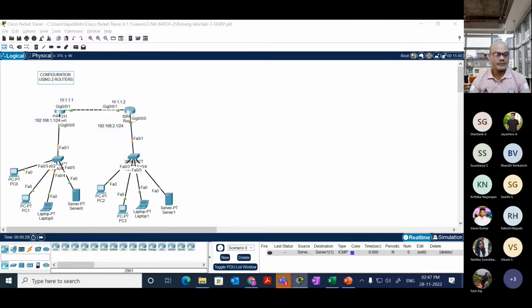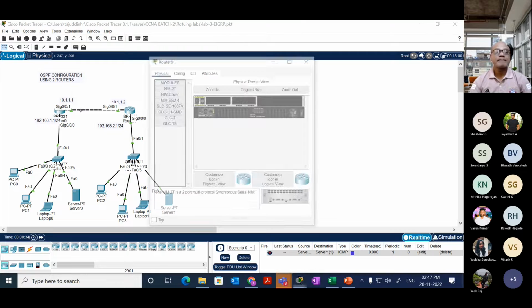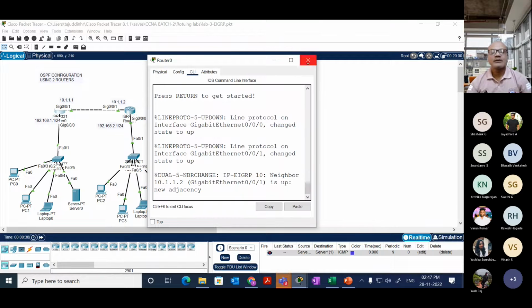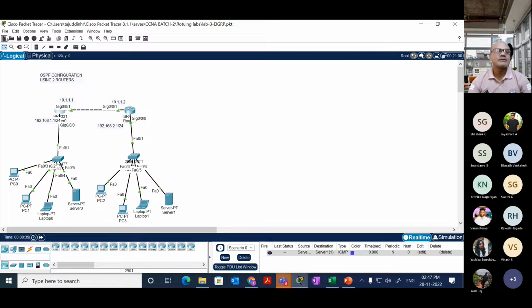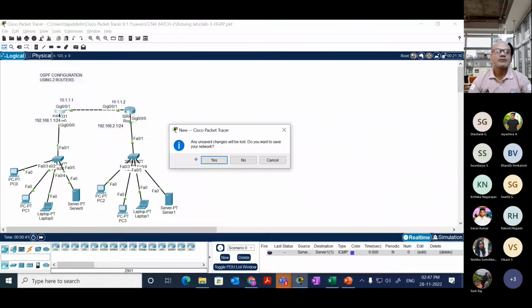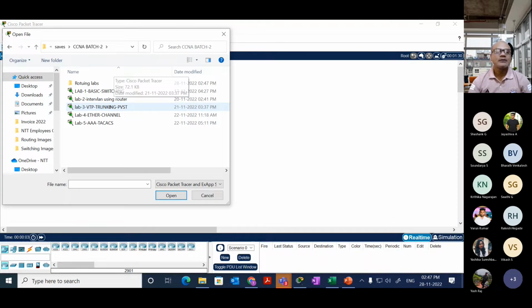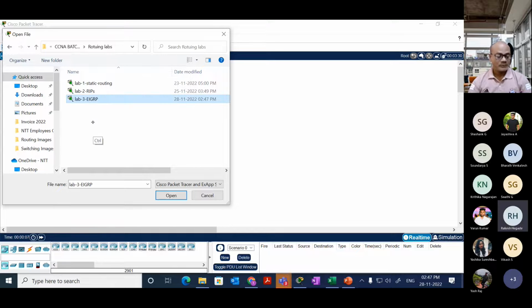This is my OSPF, right? That's what I will do first. Let me copy the same, and then I will change this one.